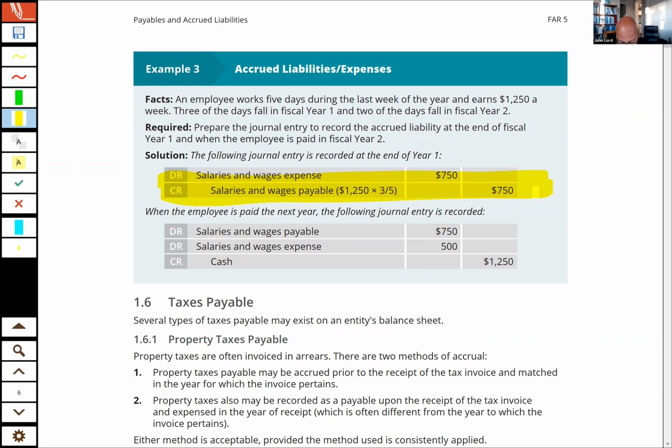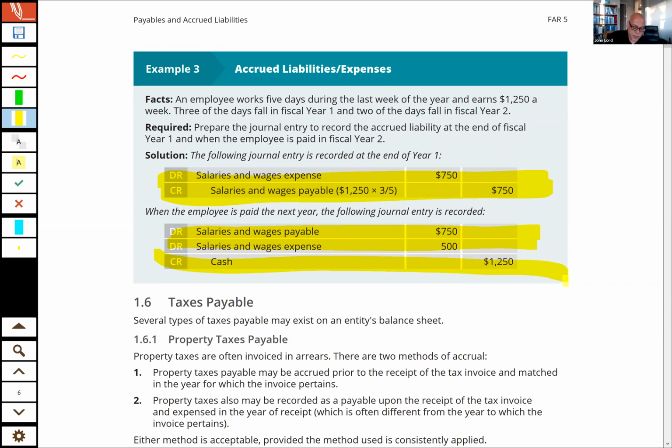Okay, they set up the wages expense, they credit the payable, and then when they pay, they go ahead and what? They pay the amount that was outstanding at 12/31, but since they're going to pay the person for, say, the full 5-day week, of course, the portion, the 2 days that fall into the new year or the new accounting period, that would be expensed, and you would debit the payable and you pay the person their full cash.